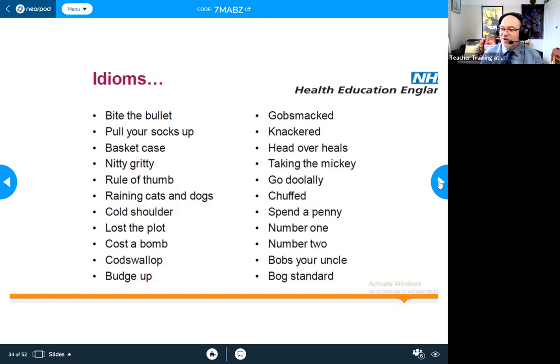I do say that quite a lot, and as soon as it comes out of my mouth when I'm at work, I know I shouldn't have said that. But we all have our own idioms that we use, and it's just trying to avoid them really, because they are UK culture, and some of them are even specific to certain areas of the country.